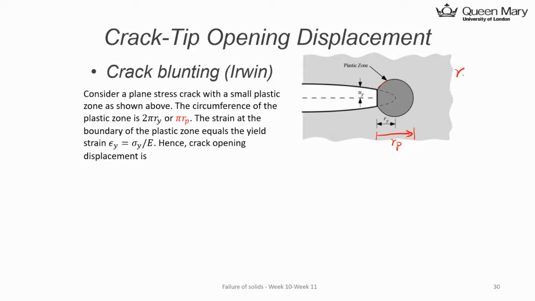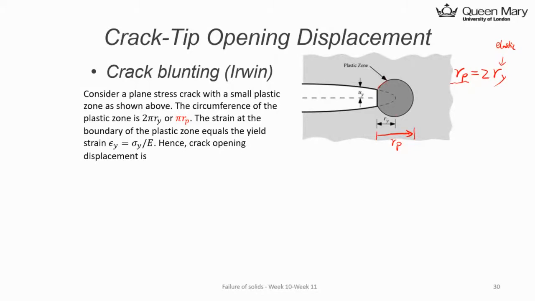RP is the one we derived, which is equal to 2RY here. RY is from the elastic prediction, and RP is considering the stress redistribution, and so that is the actual plastic zone.